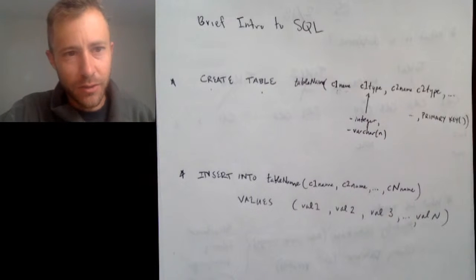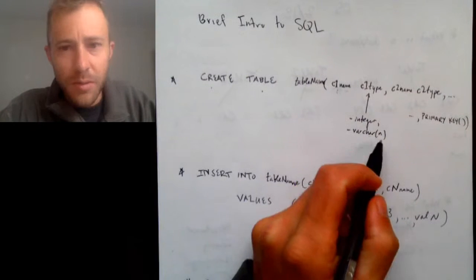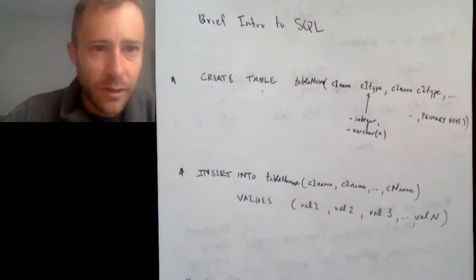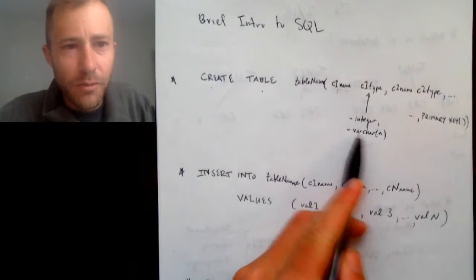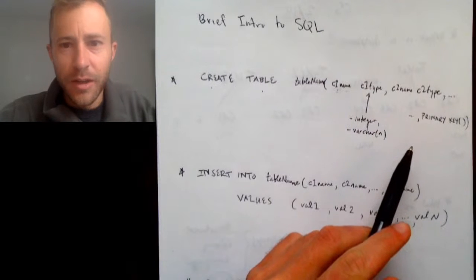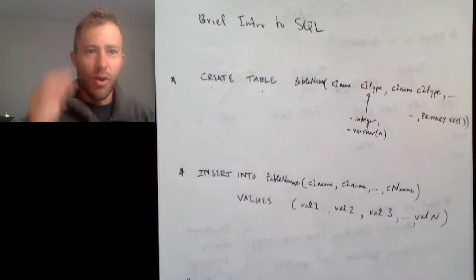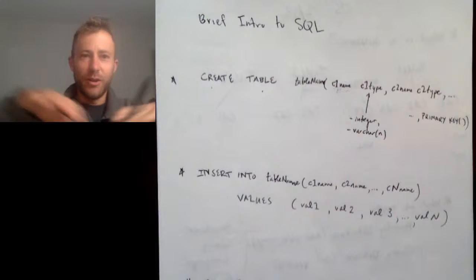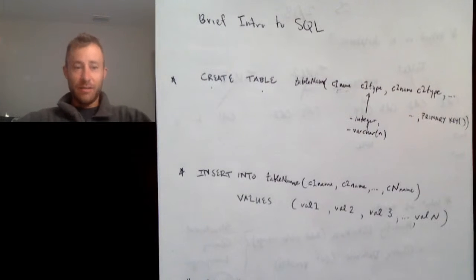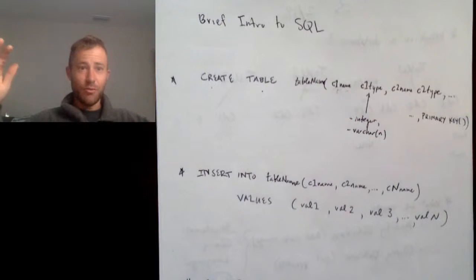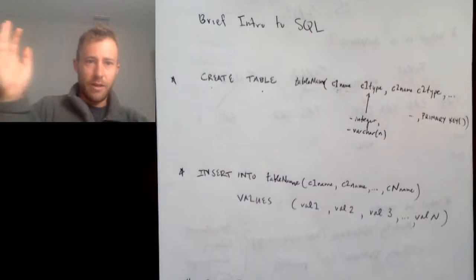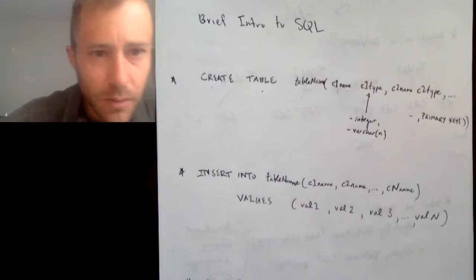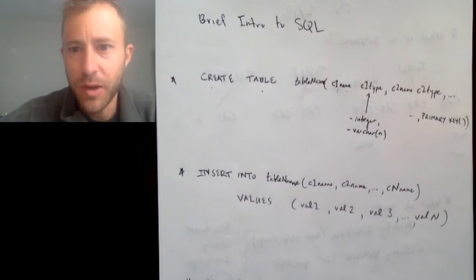So you have an interest in limiting the size of the different data types, because if you say varchar 100 million, then Amazon is going to allocate 100 million characters worth of space for each row. So you're going to get charged much more. So you try and keep the size as small as possible.